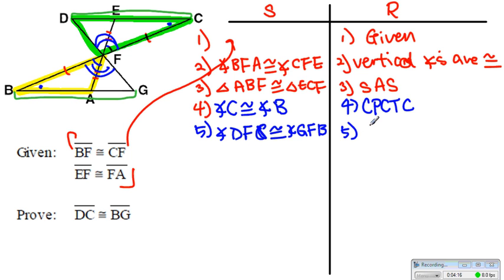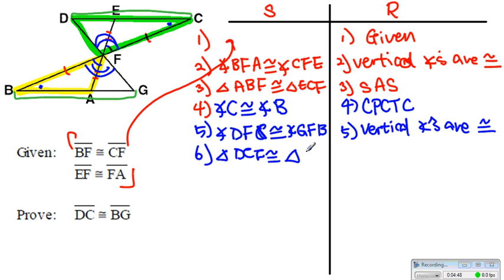Now, number 5 will be the same as number 2: vertical angles are congruent. Now, we have all the necessary stuff for us to prove that the big green triangle on top must be congruent to the triangle on the bottom. Triangle DCF must be congruent to triangle BGF. Now number 6 becomes, yes, angle side angle.